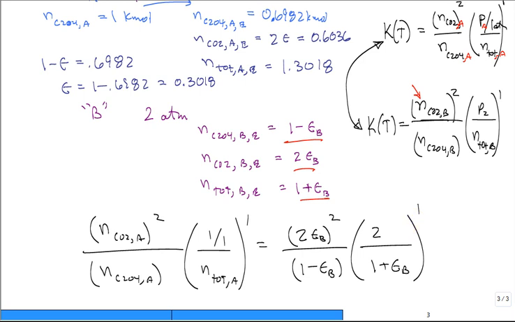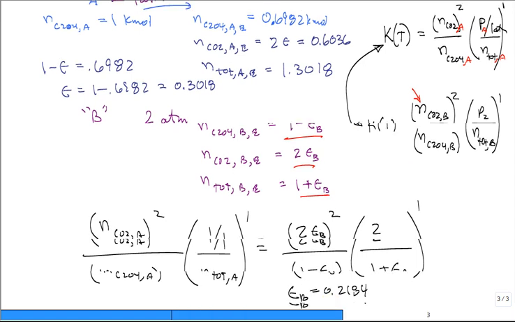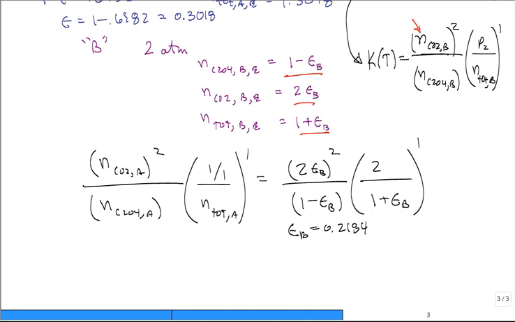So you have an equation. You can now solve for epsilon B. When you solve for epsilon B, you get that it's 0.2184. Meaning we can go back and fill in the blanks for at equilibrium from these equations right here.